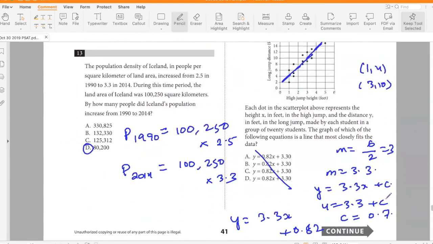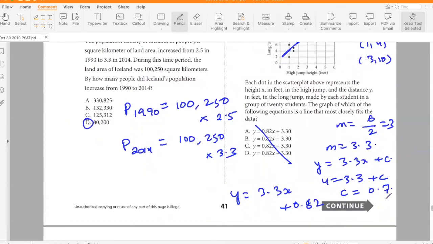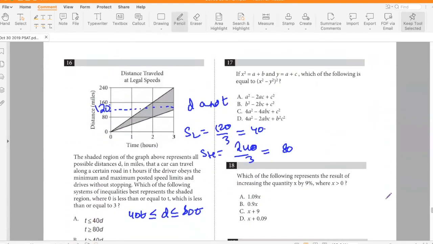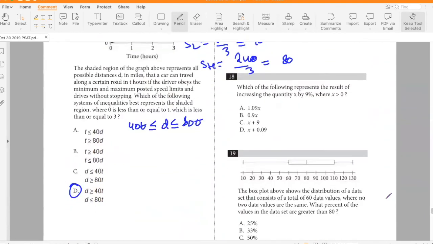Okay, so there should be C if the options were correct, and D. Okay, great. So we got all right.